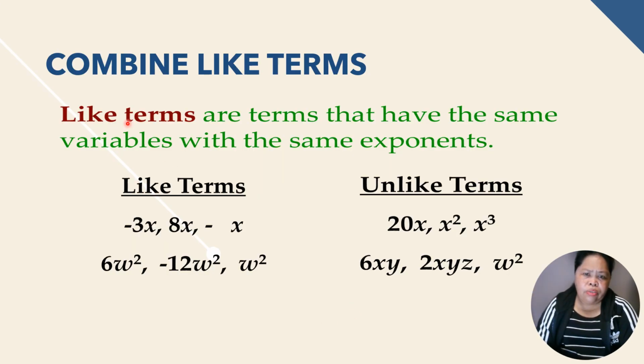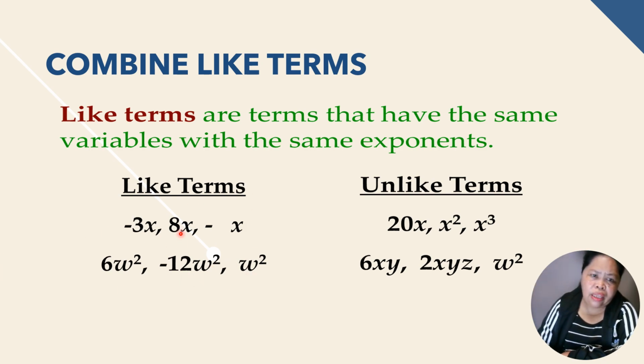Okay, so let's review again some of the combining like terms. Like terms are terms that have the same variables with the same exponent. So we have here like terms like negative 3x, 8x, negative x, and 6w squared minus w squared or negative w squared. So these are like terms.